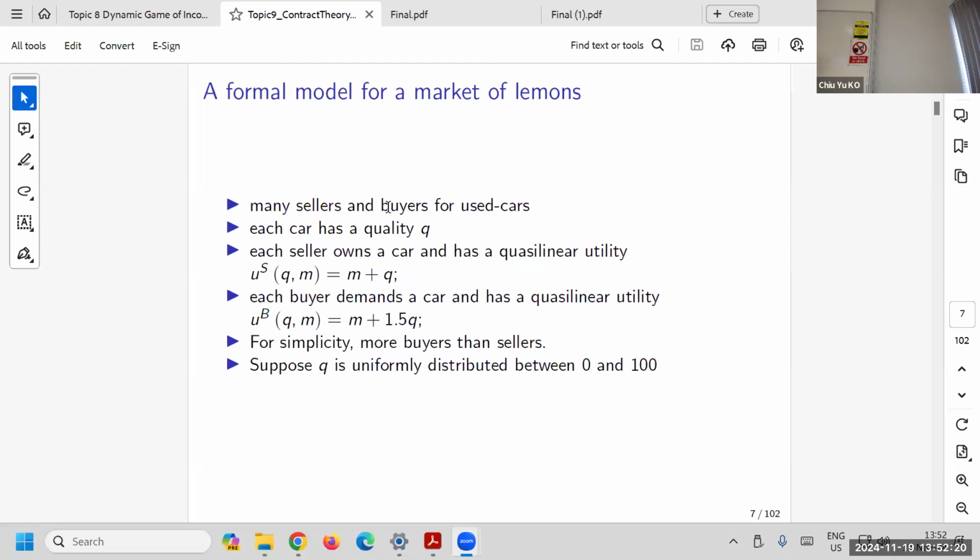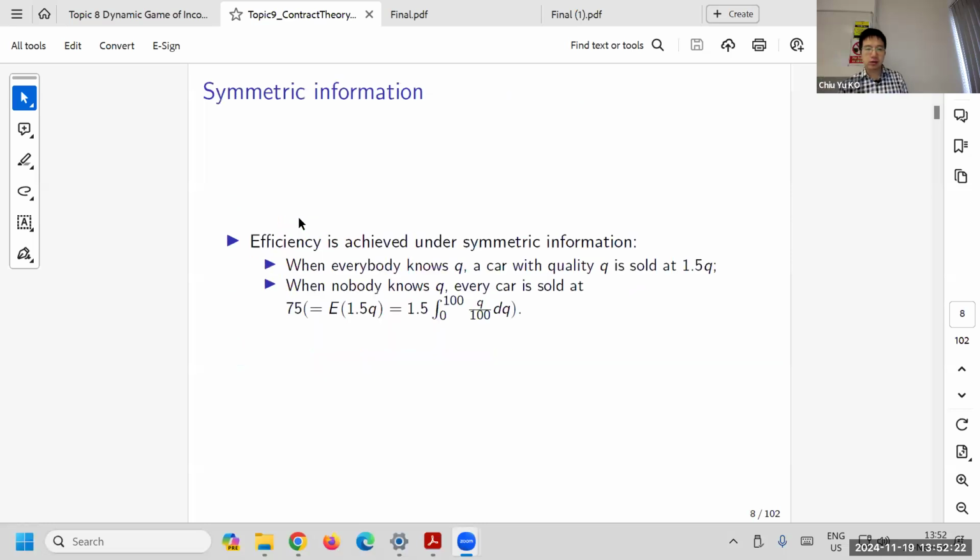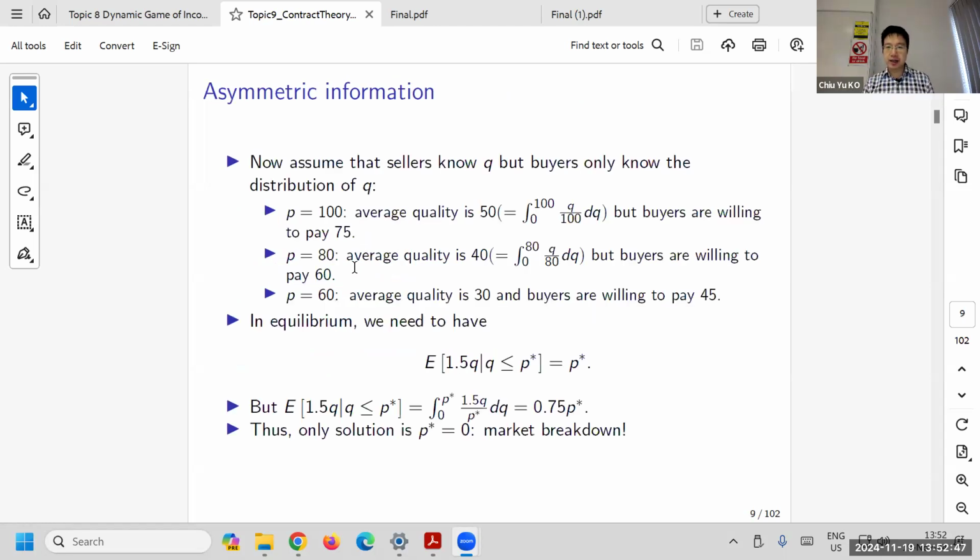So what we want is to look at the market. As we see, under symmetric information, everybody knows the car's quality, and the buyer values it at 1.5 Q. Otherwise, they would buy at the expected quality, because Q is from 0 to 100, so the expected quality is 50, and 1.5 times that is 75. Now the next part is asymmetric information.